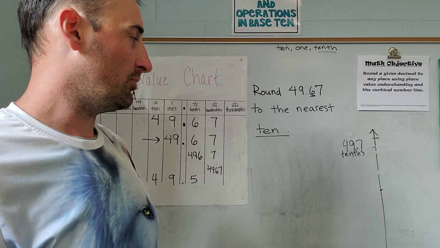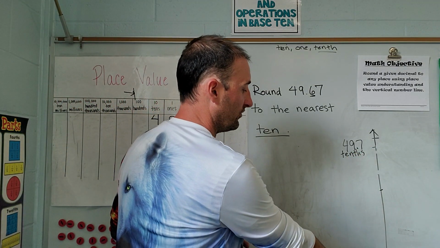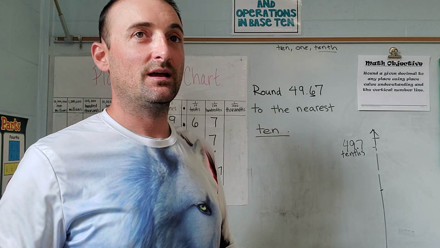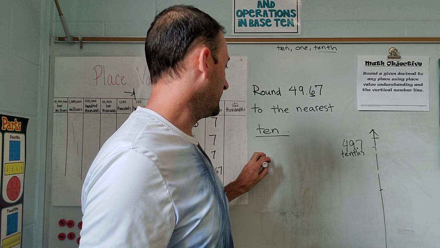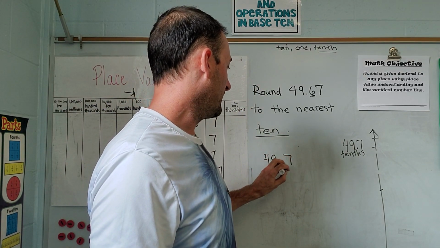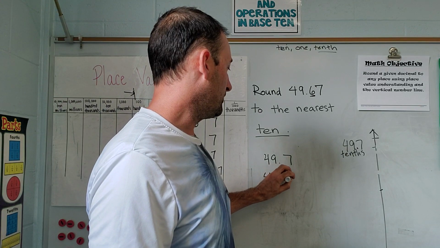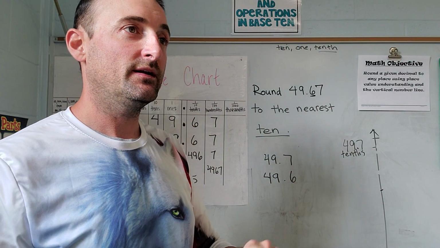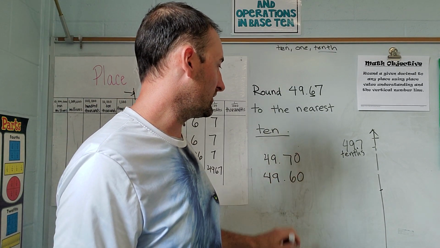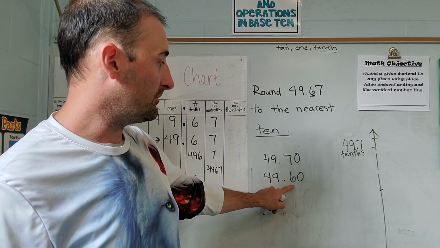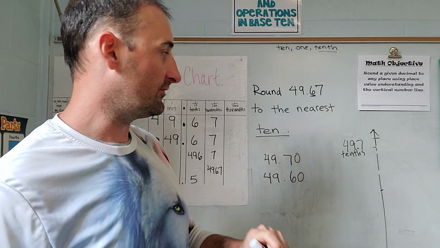Now we have to find a midpoint. What's the midpoint between 49.6 and 49.7? Again, between 6 and 7, we don't have a whole number. But I know that 49.7 and 49.6 can be written in a different way as hundredths without changing the value by adding zeros. And I know the number between 60 and 70 is 65.